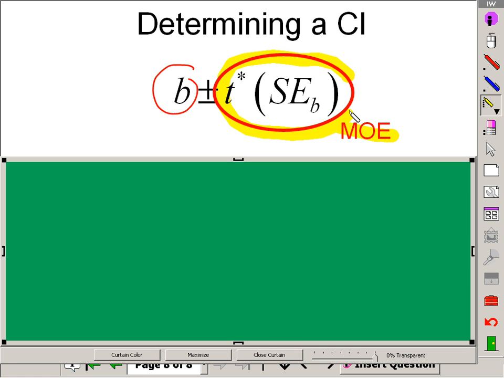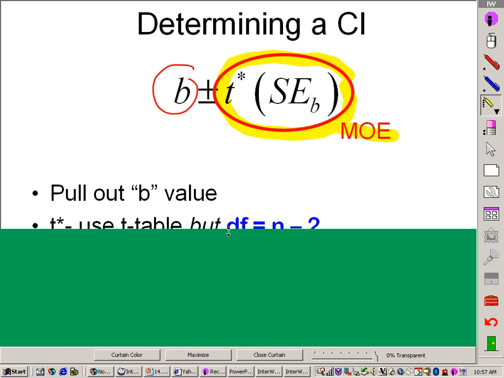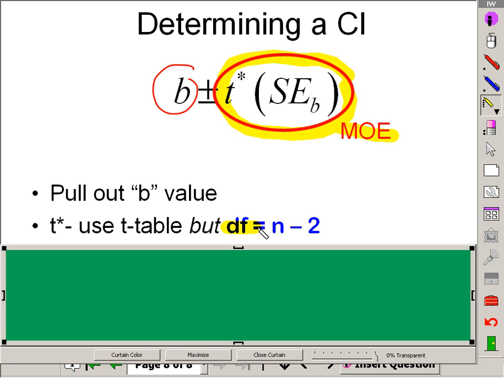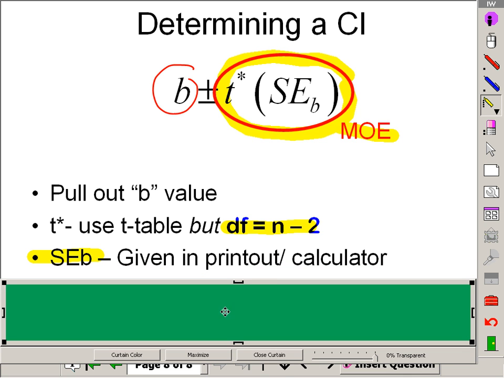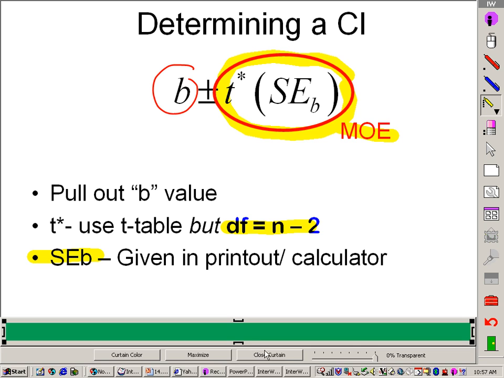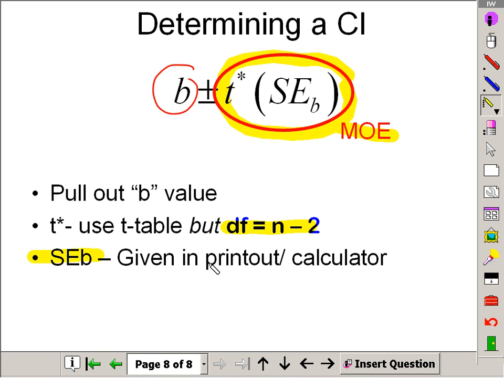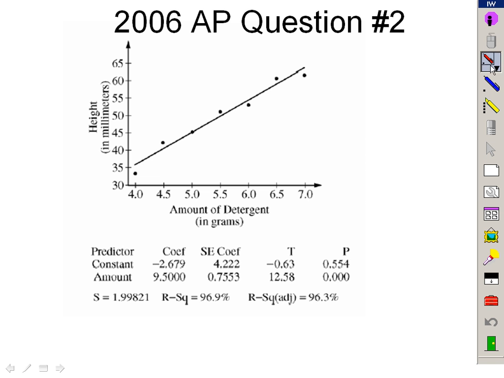Again, the margin of error is t star times SEB. Degrees of freedom will be n minus 2, and we're going to use the t table again. SEB is the standard error of the slope, and that's usually given to you in some type of printout. We're going to spend some time on that in a moment.